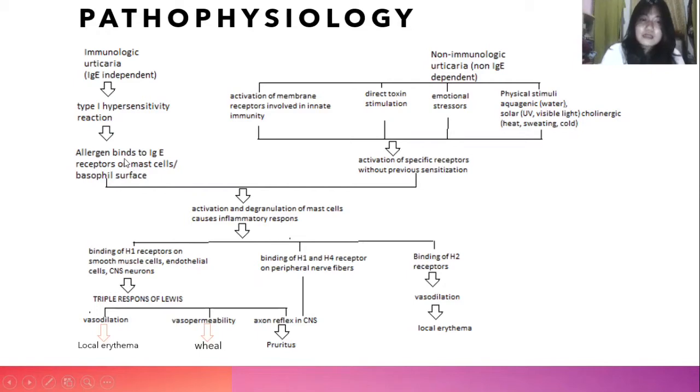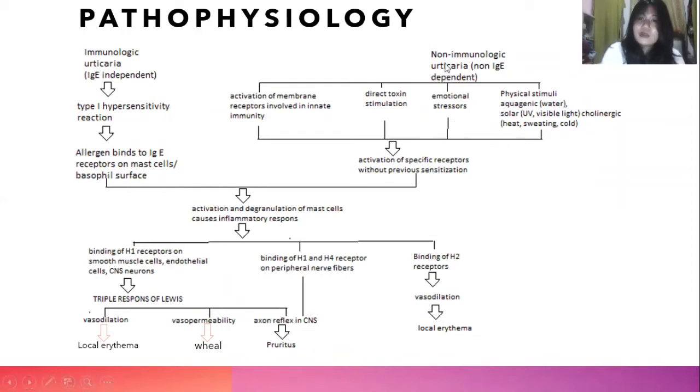This will then lead to activation and degranulation of mast cells, which causes the inflammatory response to start. Hence the occurrence of wheals, the reddening of the skin, also known as erythema, or in some cases the skin being warm to touch.